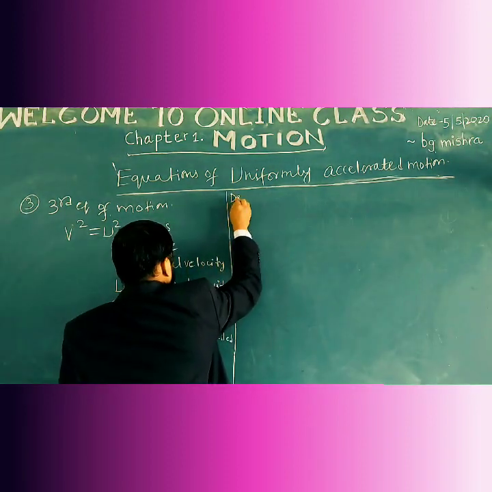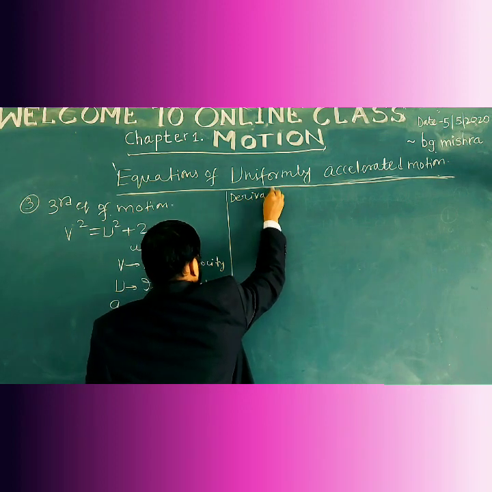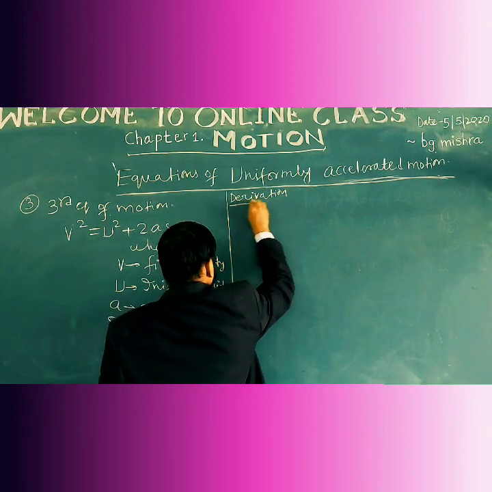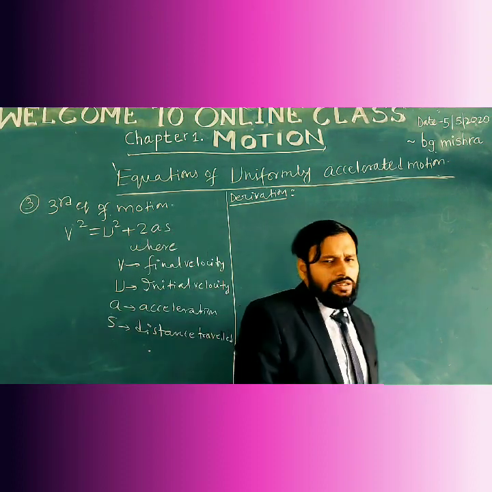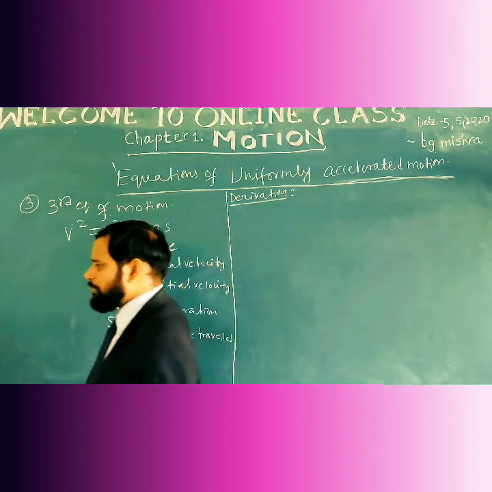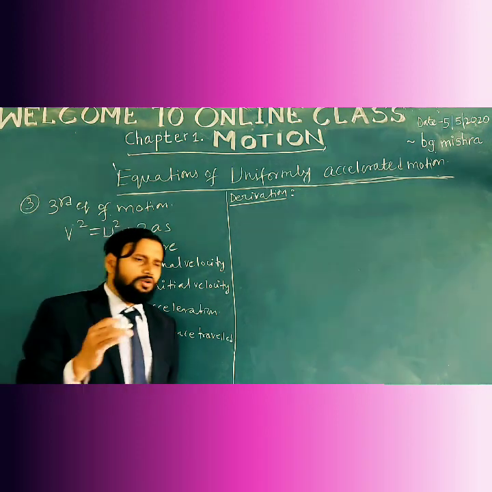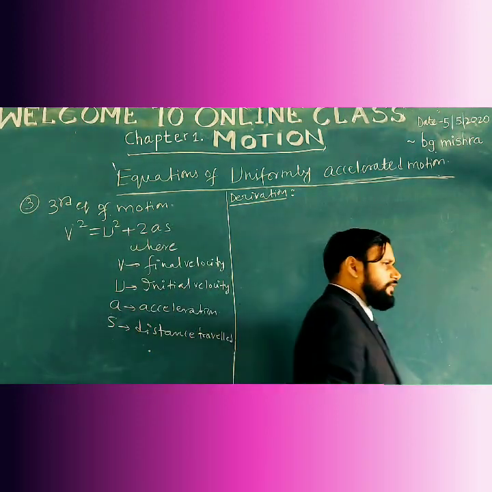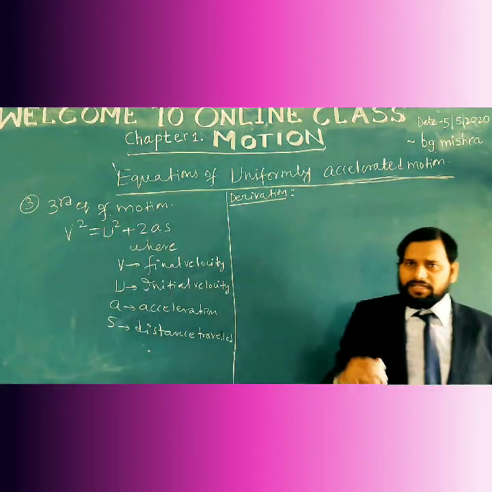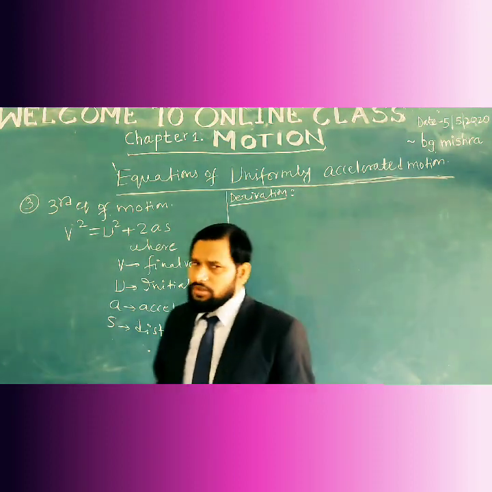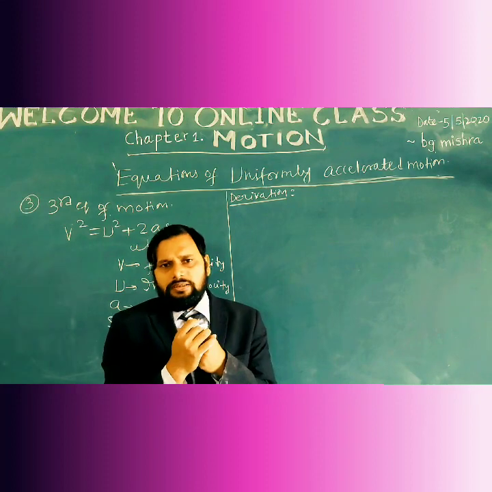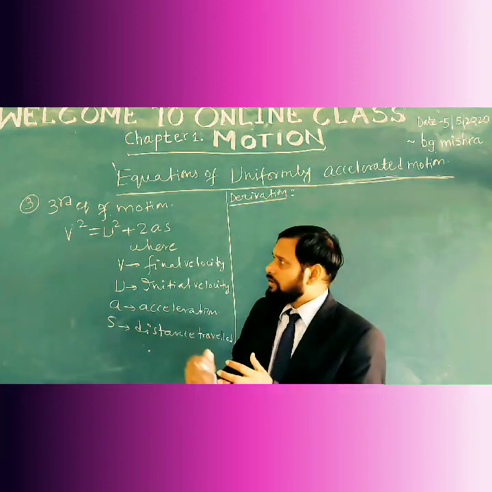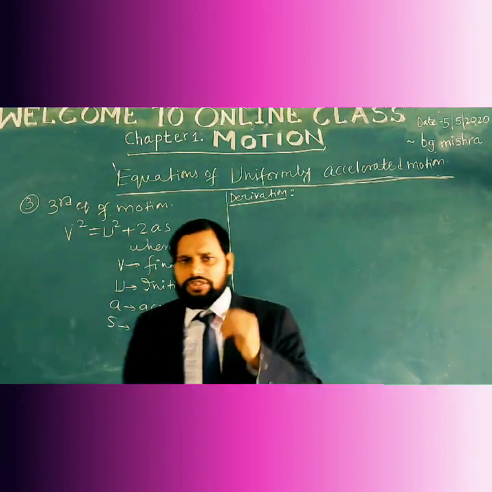So now write derivation. See, for calculating this third equation of motion, we have to use the first equation of motion and second equation of motion. So by using the first and second equation of motion, we can easily get the formula for third equation of motion.